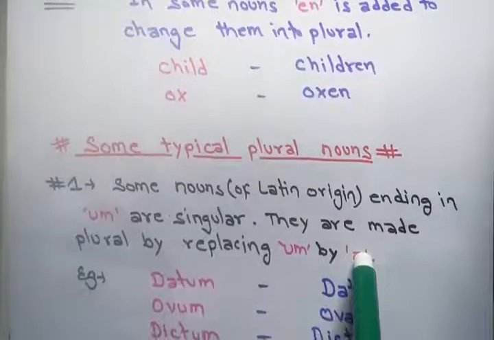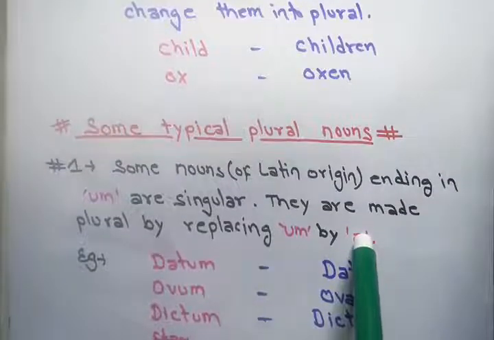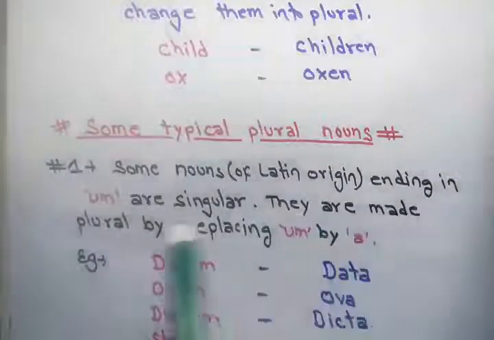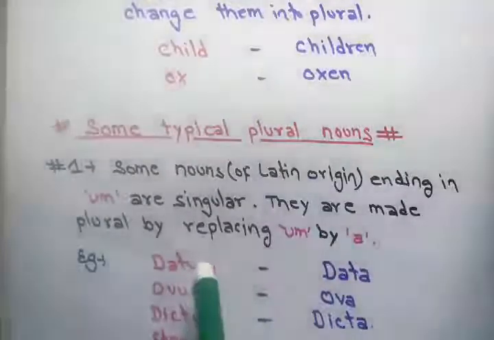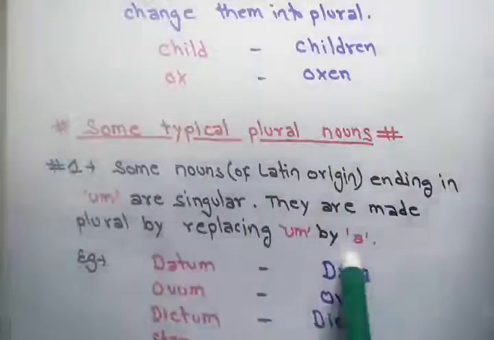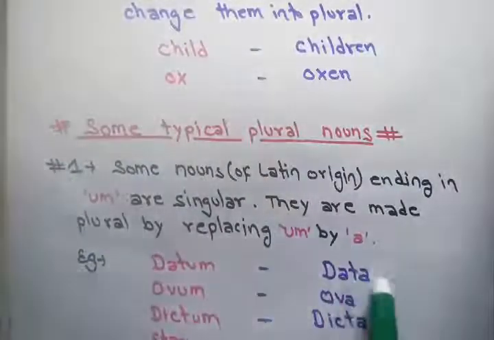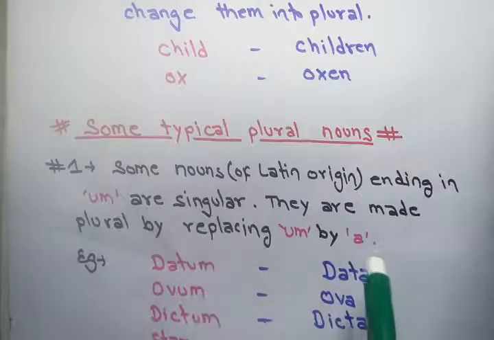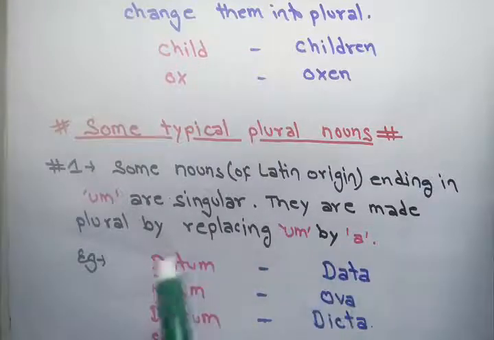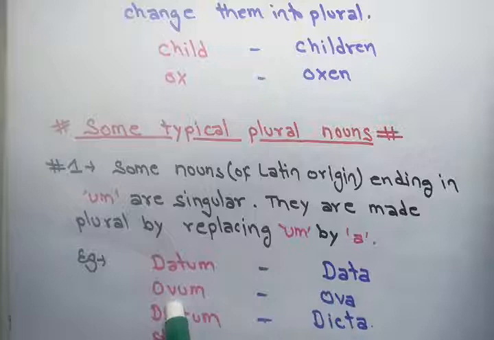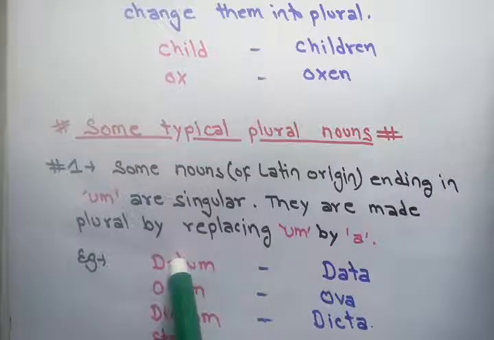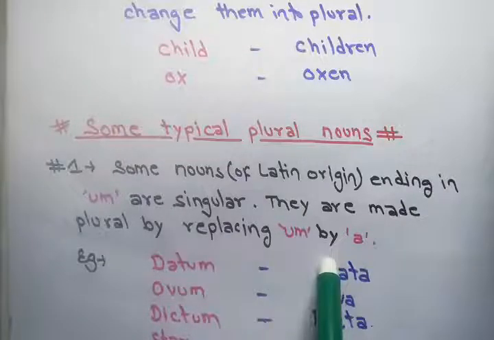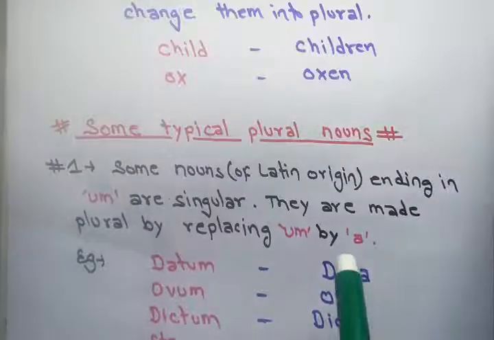So that's important. Try to understand. For example, datum, but its plural is data. Changed into a. And ovum, ova. Dictum, dicta. So keep in mind these are Latin words, and they change into a here.